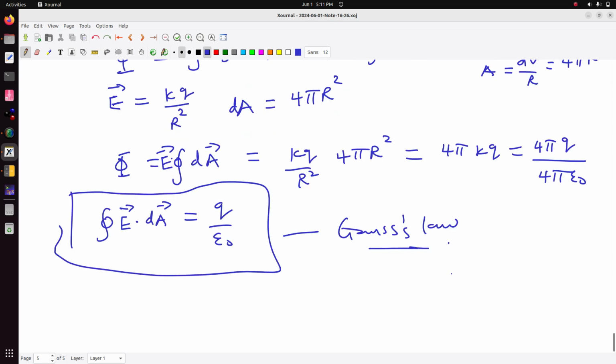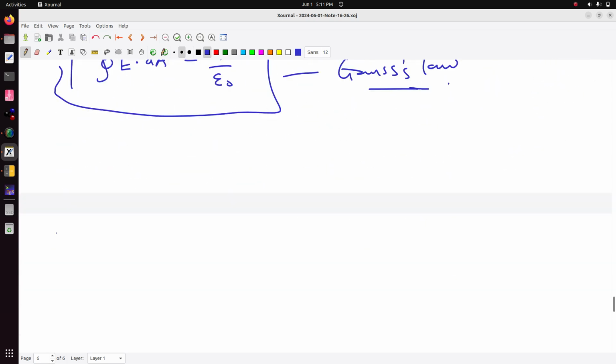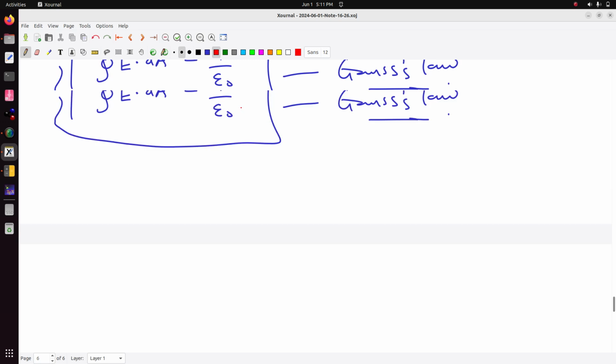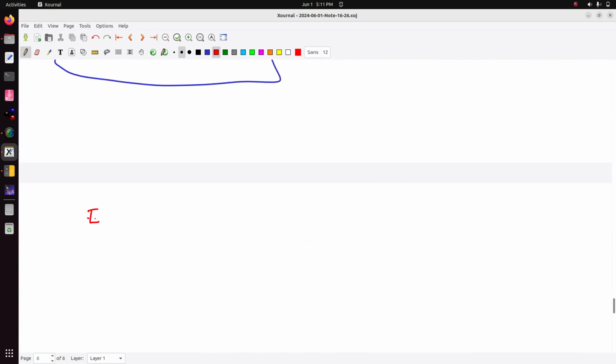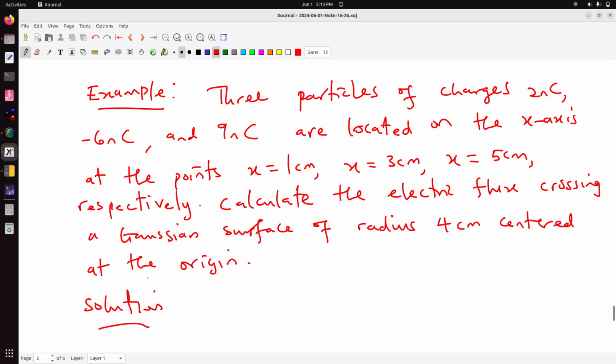All right, let's take an example. This is a simple example. Three particles of charges 2 nanocoulomb, minus 6 nanocoulomb, and 9 nanocoulomb are located on the x-axis.